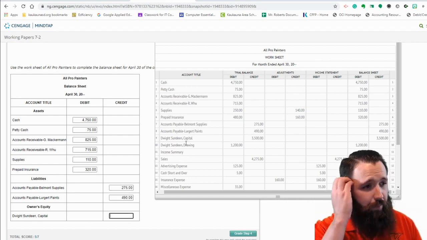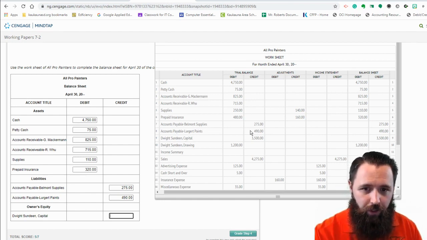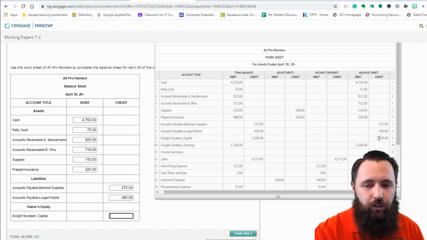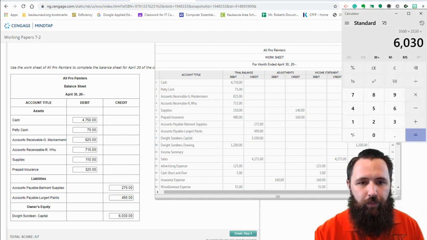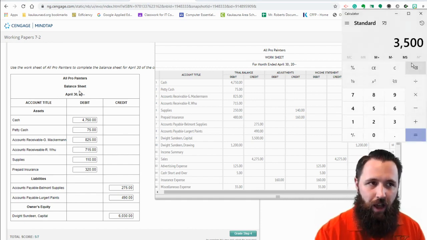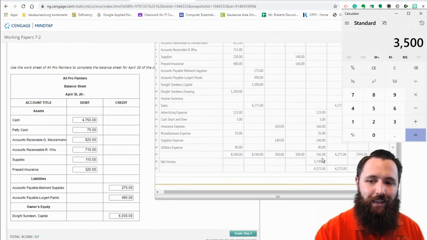And then what's our capital? Okay, well, if I would just go here and look at my capital, it's $3,500. Is that correct? No, it isn't, right? Because we just calculated it out and we found out that it was 6,030. Now, how did we get that? Remember, we take our capital, which was 3,500. We add or subtract our net income or net loss.